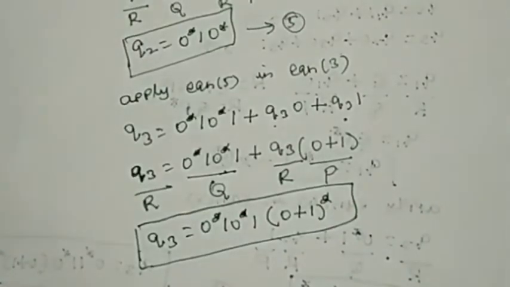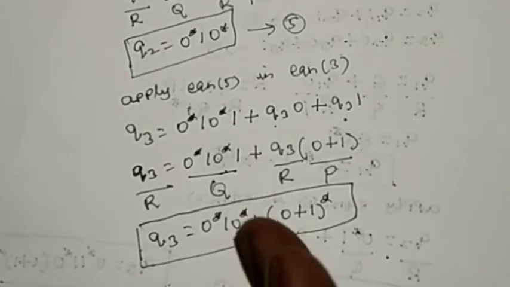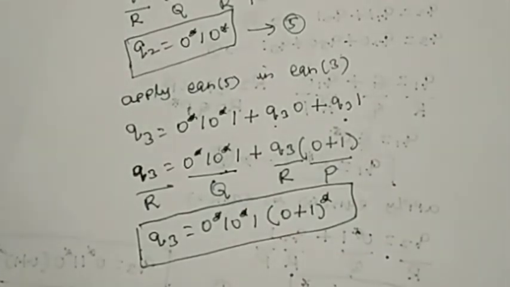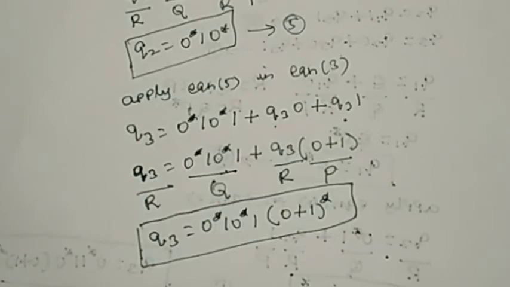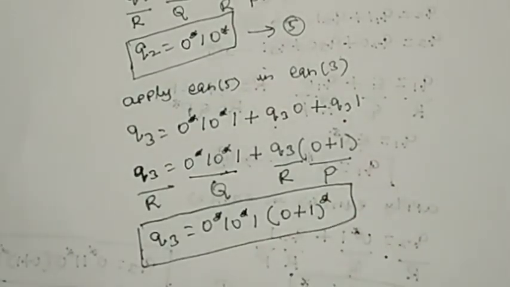We have two final states. What Arden's theorem states is, when you have more than one final state, you have to find the union of the answers. Q2 has one regular expression and Q3 also has one, both are final states, so these two regular expressions have to be clubbed together.